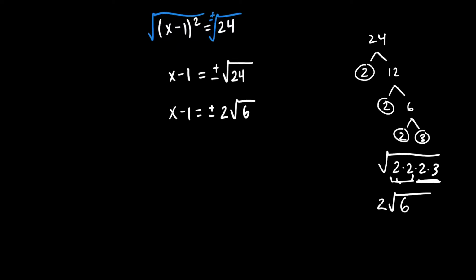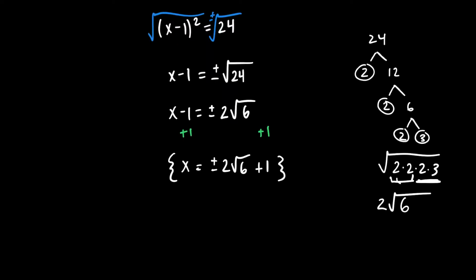From here, we will solve for x. So we'll add 1 to both sides. And we'll be left with x is equal to plus or minus 2 radical 6 plus 1. And honestly, if you'd like, you can just write this as your solution.